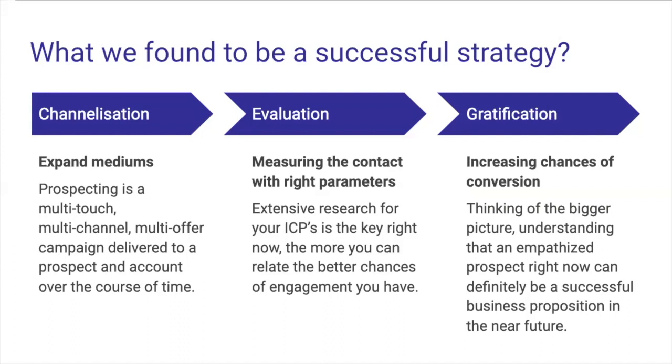You need to understand that maybe someone is more comfortable with calls, maybe someone is more comfortable with emails, or in order to give it a more aggressive approach, so that you can receive that one reply, you can mix things up as well. And I'll show you that moving forward after a couple of slides. So first is channelization. You need to understand the channels that you're going to use.